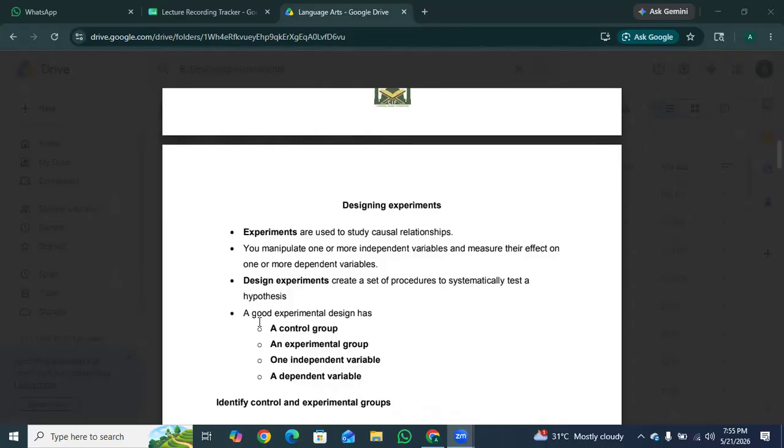You use this to compare your results. For example, a plant given no water. An experimental group is the group that gets the special treatment you are testing. For example, a plant given extra water. Independent variable: you should only change one thing at a time so you know exactly what caused the change. And the dependent variable: you must have a clear way to measure the final result.